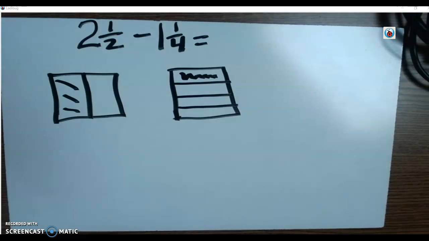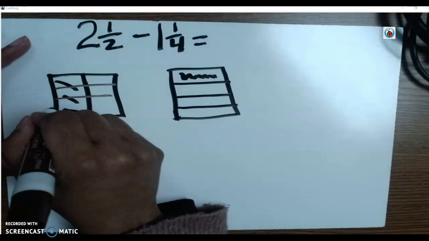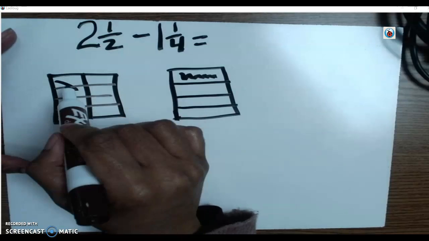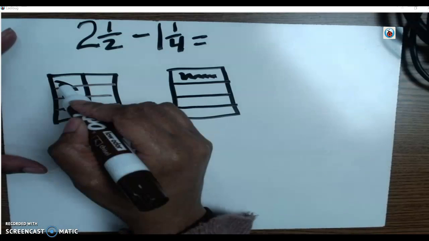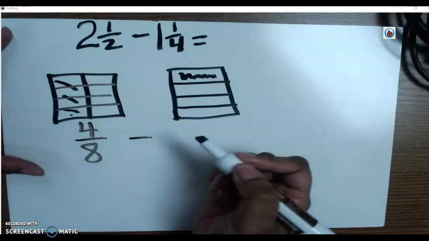All right, and you know, when we are creating the equivalent fractions, we're going to make both rectangles look the same. So for my half, I'm going to put my 3 lines, 1, 2, 3. Now that makes me have 1, 2, 3, 4, 5, 6, 7, 8 parts. And 1, 2, 3, 4 parts are shaded, minus.